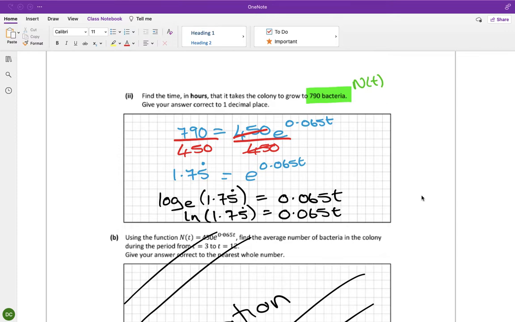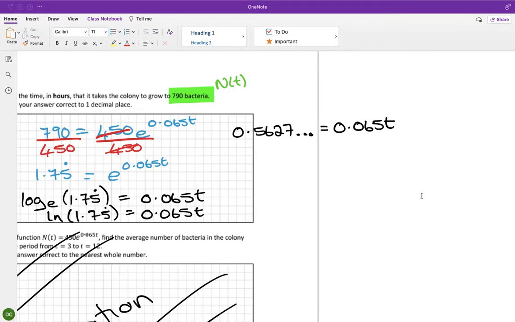The ln of that is 0.5627, and I'm holding the rest of the places on my calculator. That equals 0.065 t, and then I divide by 0.065, which gives me t of 8.658.